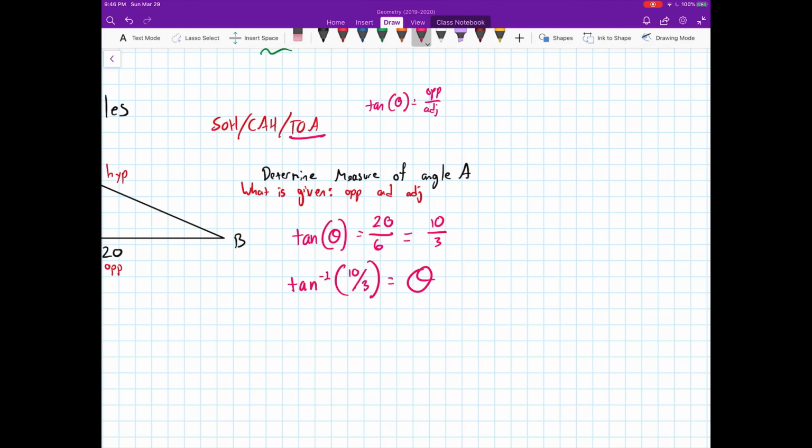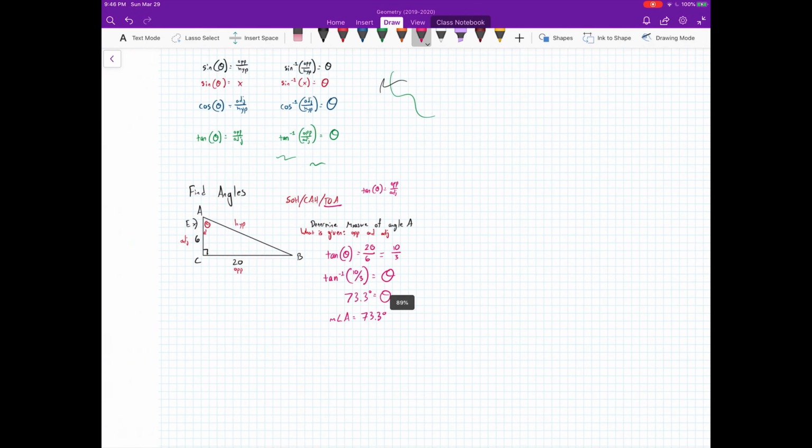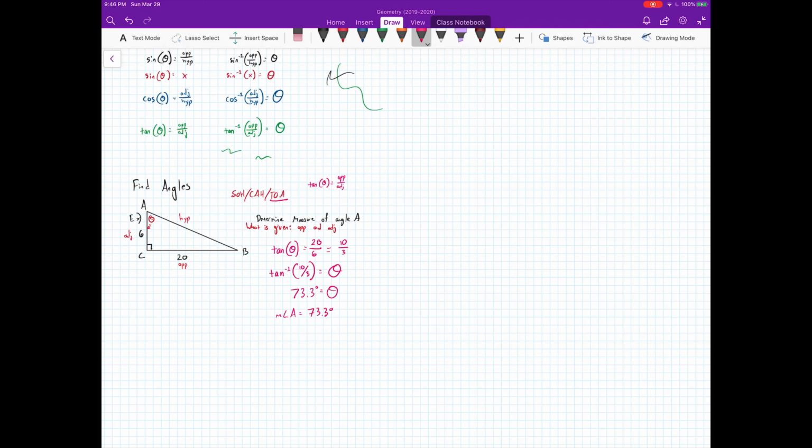So 73.3 degrees is equal to theta. Well, I named it theta, so it's actually the measure of angle A is equal to 73.3 degrees. And let's look at one more example of that before this video ends.